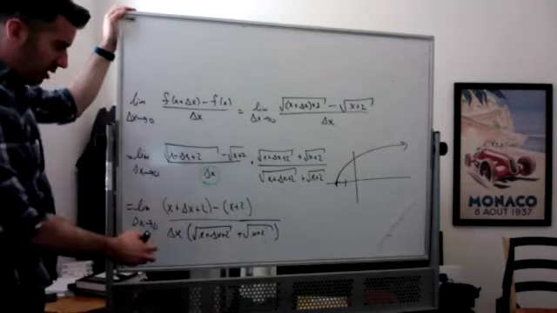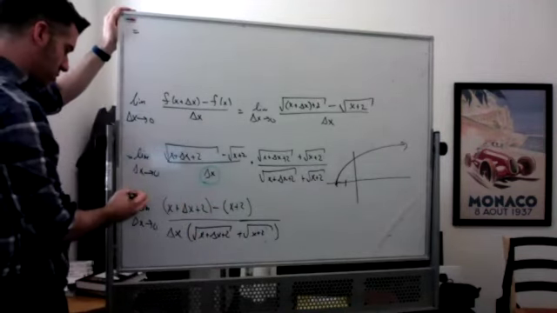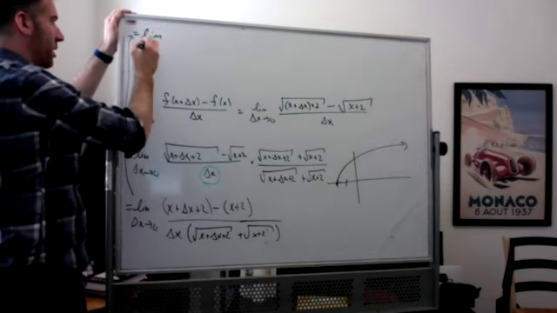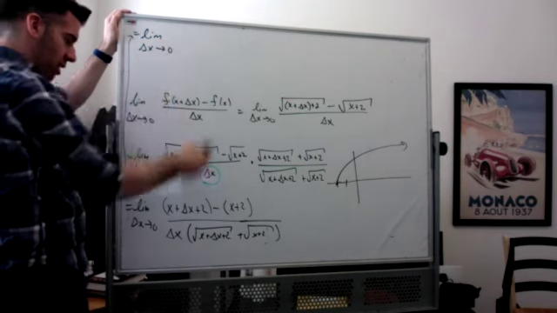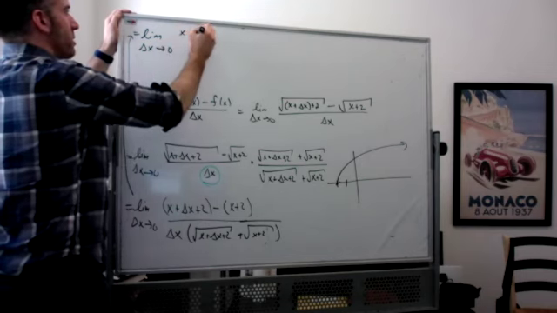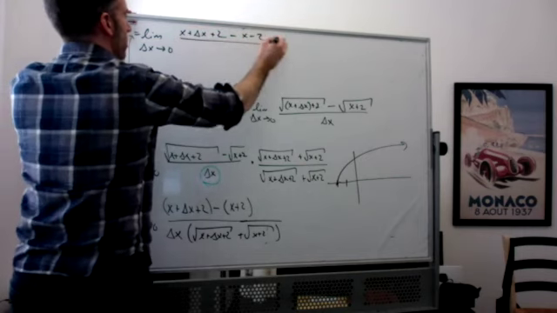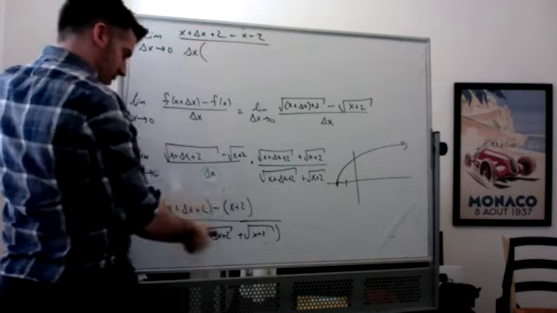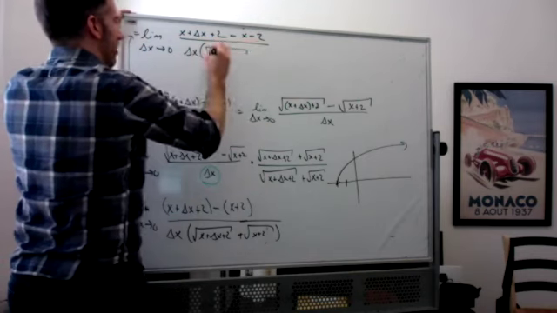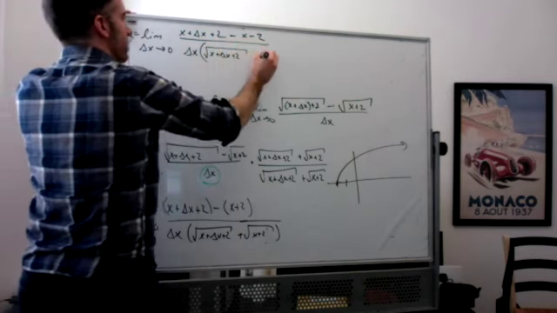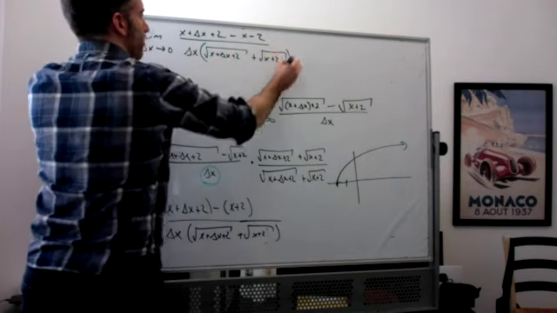So simplifying here, this is equal to the limit as delta x goes to 0 of x plus delta x plus 2 minus x minus 2 over delta x times the same denominator, square root of x plus delta x plus 2 plus the square root of x plus 2.